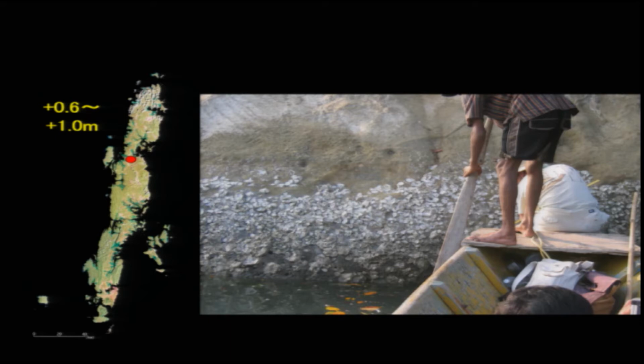So this was the signature which we identified. Because of the uplift, the land was risen up, and the highest survival line for the organisms was exposed. So if you date this, then this will give the age of the uplift.